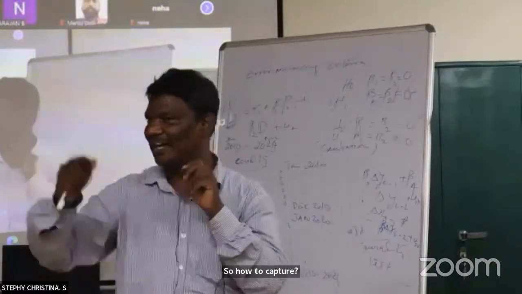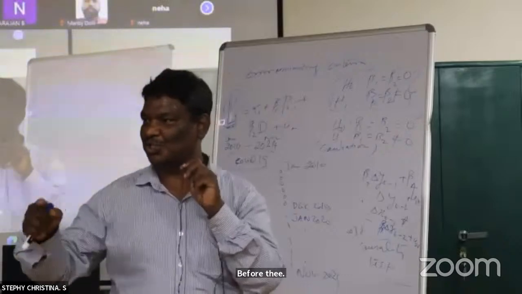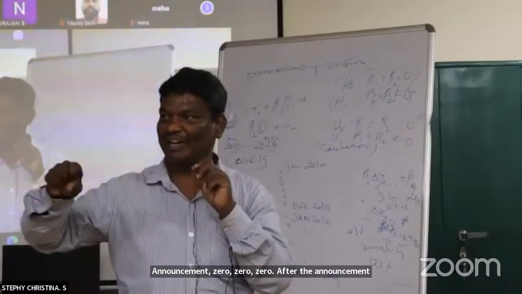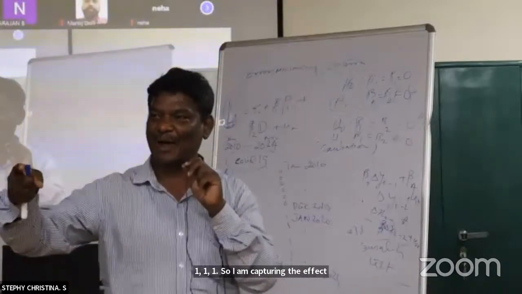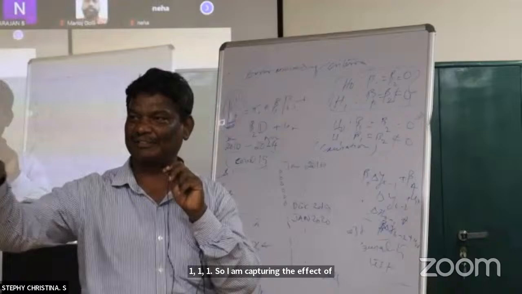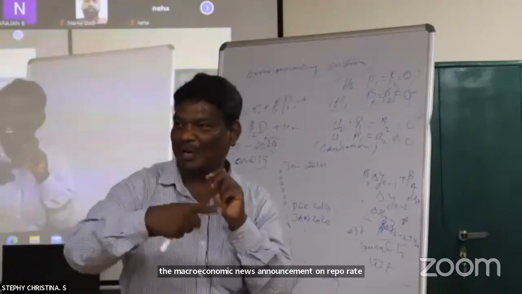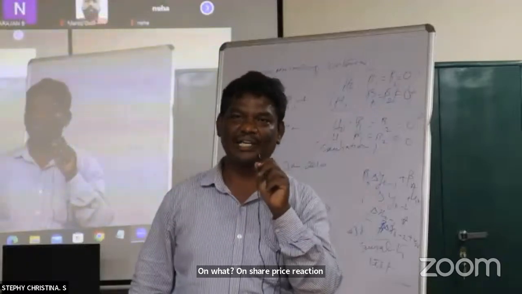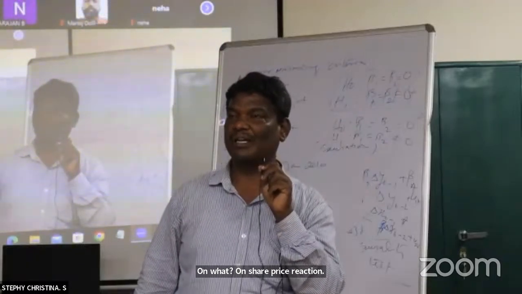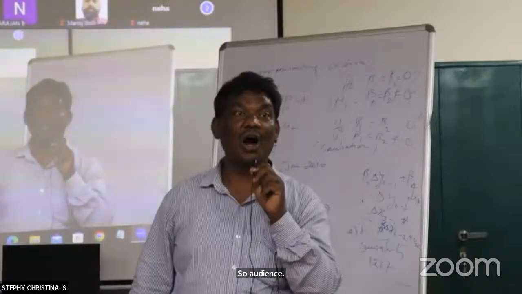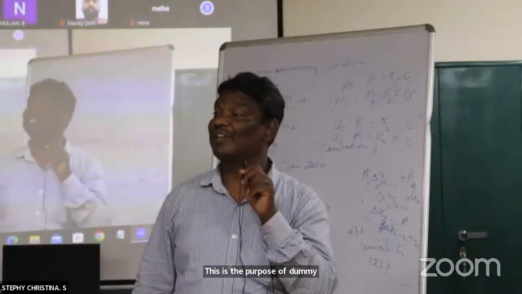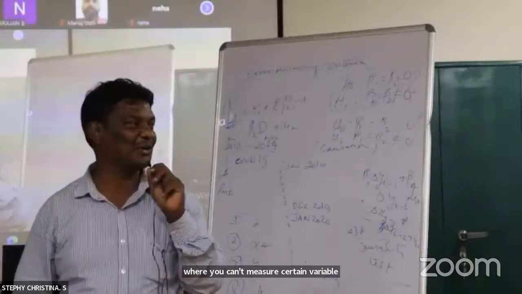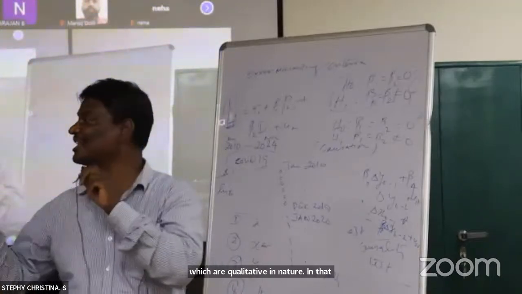Before the announcement, 0; after the announcement, 1. So I am capturing the effect of the macroeconomic news announcement on the repo rate on share price reaction. This is the purpose of a dummy, where you can't measure certain variables which are qualitative in nature. In that scenario, you can assign a dummy which carries 0 and 1.